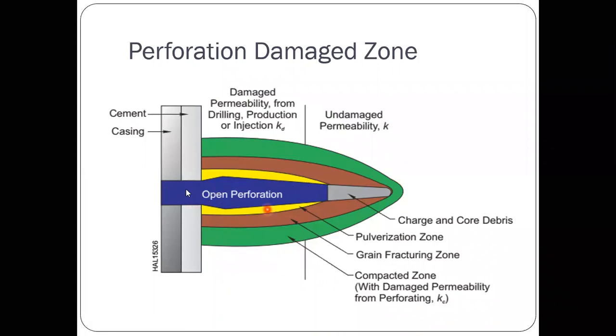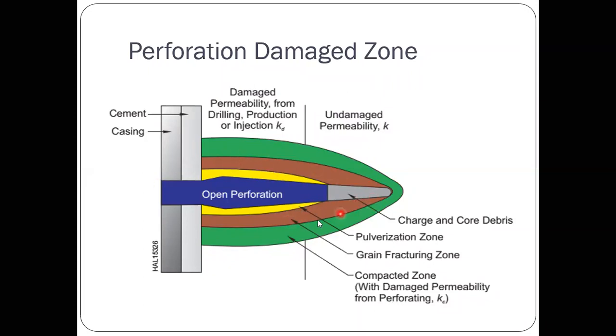So when you create the perforation, the charge and core debris will be present at the end of the perforation. In the surrounding of the perforation, you will get a pulverization zone, meaning it will have very fine particles, and this is a grain fracturing zone.